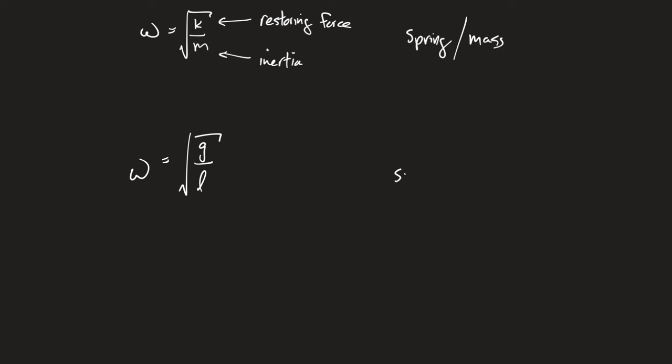And this is our simple pendulum. And there will be simple pendulum problems for sure. And if you understand where omega is in the grand scheme, then you can solve those problems. But they're not going to be exactly what you expect. They're going to try and come at you sideways a bit.